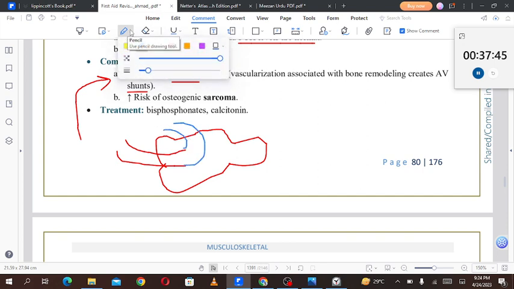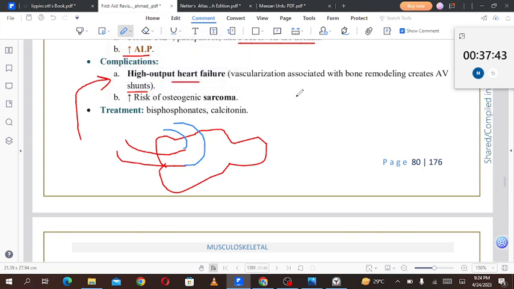In that case, the peripheral resistance decreases dramatically and the cardiac output increases. So because of the AV fistula formation, the cardiac output increases, and the person faces high output heart failure. Increased risk of osteogenic sarcoma is also present with Paget's disease, which can develop into cancer.